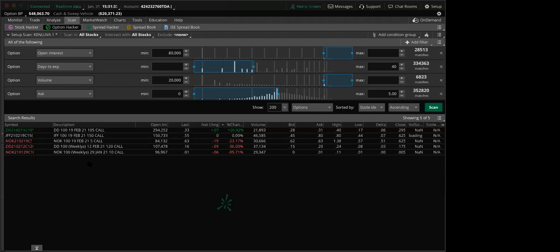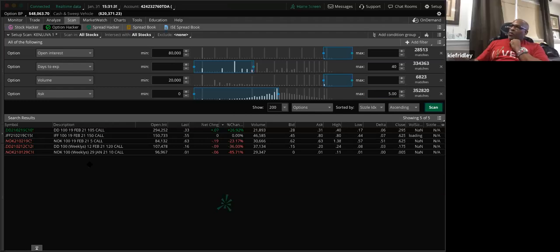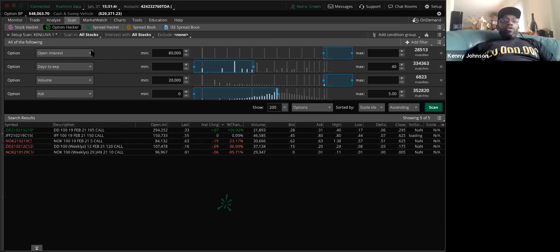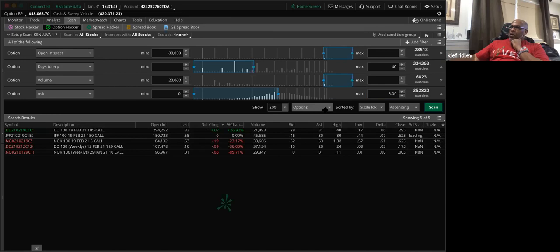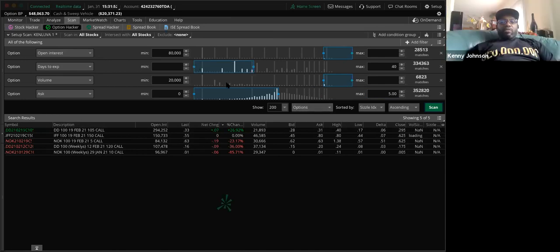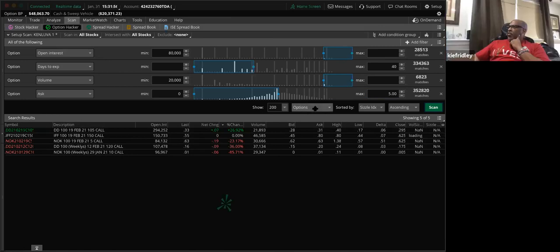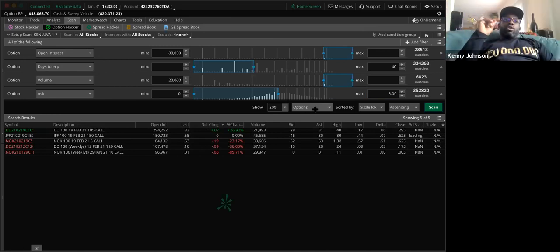Yo, how do you get it to the part where it says option? Because I'm on mine and I have stock on mine. Well, you want to look for all stock, but you're going to look for the option. When you come right here, right underneath the parameters, the criteria, I put options. Oh, I see. I got you. It's going to search all optionable stocks.